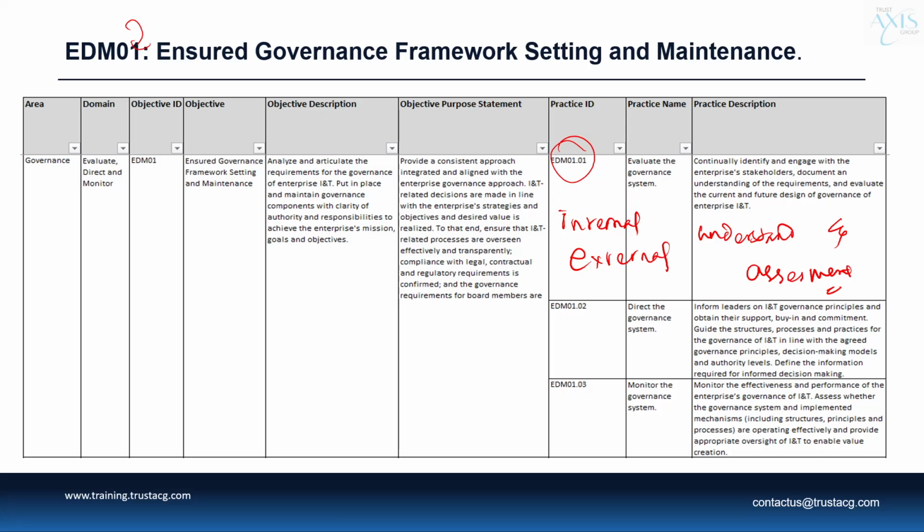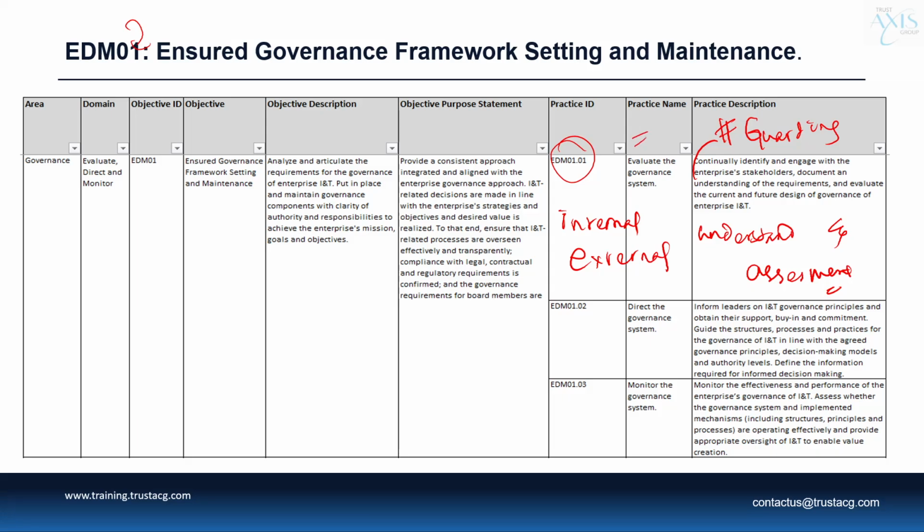Okay. Now, how are you going to measure that this particular practice is yielding the outcome? How is your evaluation process for the governance system that has been put in place operating as expected, right? Then there are a few metrics that you can use, like, say, for an example, how many guiding principles are defined for your IT governance and decision making expectations.